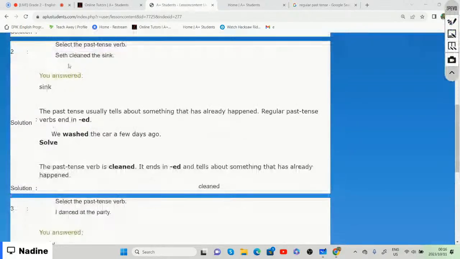All right, so now we're going to select the past tense verb. Seth cleaned the sink. So we need to basically select the past tense verb within that sentence. Seth cleaned the sink.